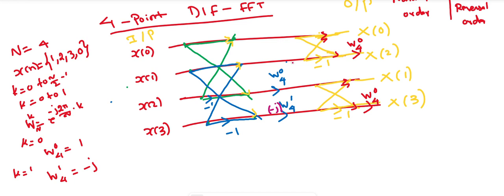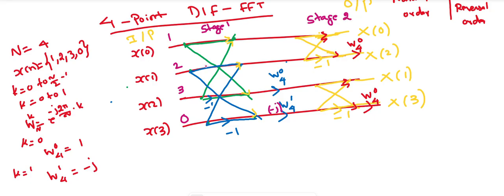So now the basic computation for the given data. The input should be in natural order, so take the values 1, 2, 3, 0 as such. This is stage 1, this is stage 2.